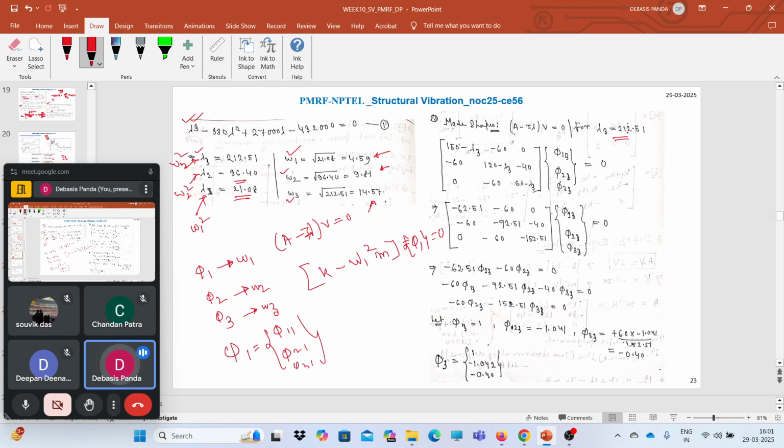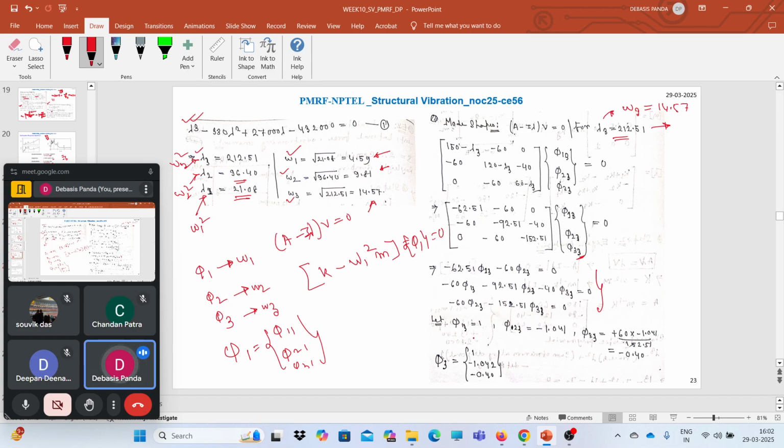Here I have started with the third mode, corresponding to the third natural frequency, omega 3 is equal to 14.57. You can start with the first mode also, no issue. So here phi 1 3, phi 2 3 and phi 3 3. So we have three equations.